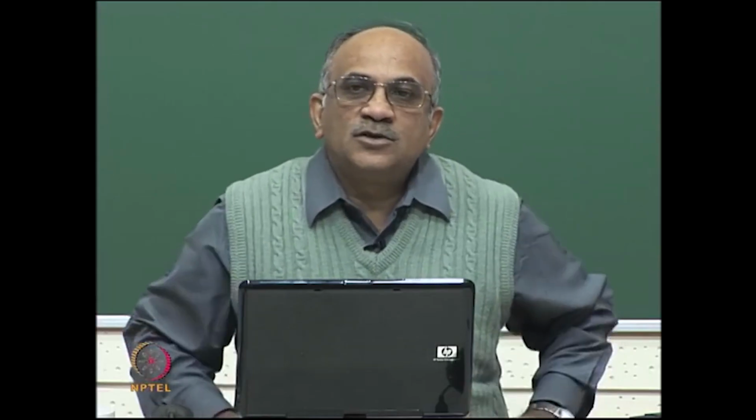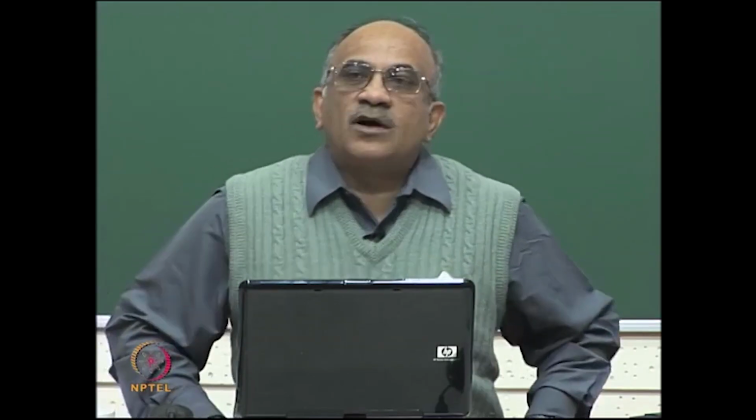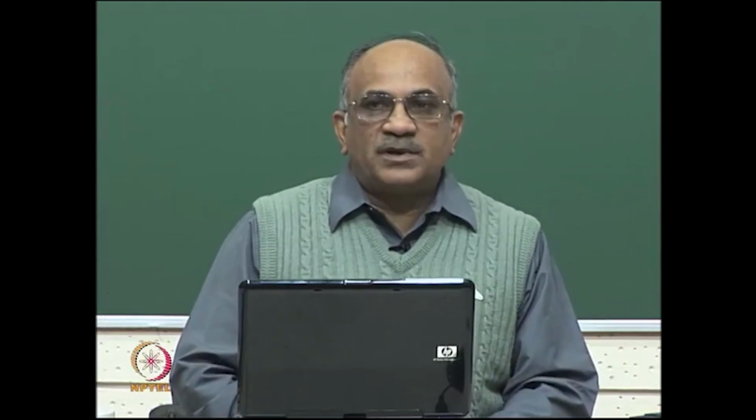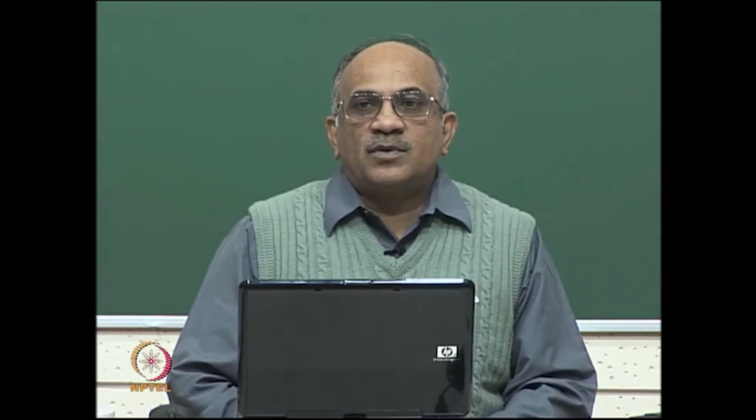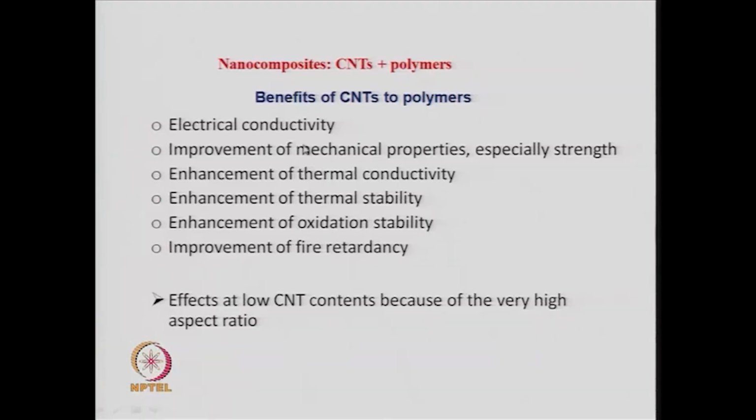The high aspect ratio allows you to add very small amounts of carbon nanotubes as dopants, but the nanocomposite has very enhanced features and properties which have been listed here and discussed, like electrical conductivity, thermal conductivity, etcetera.